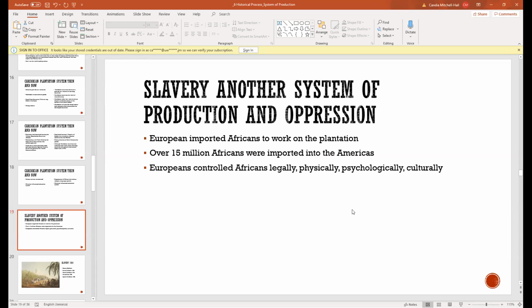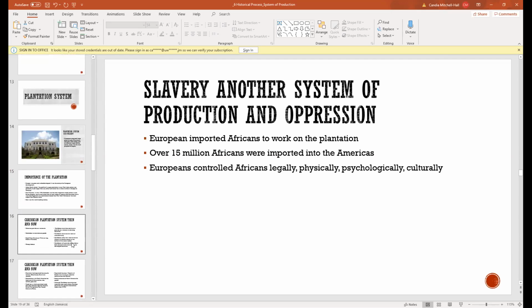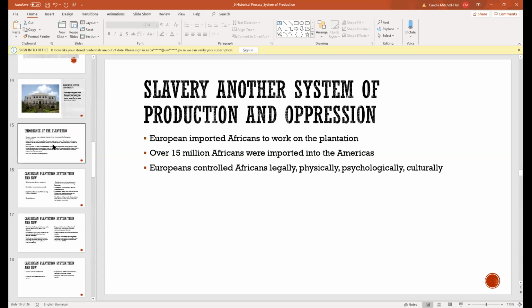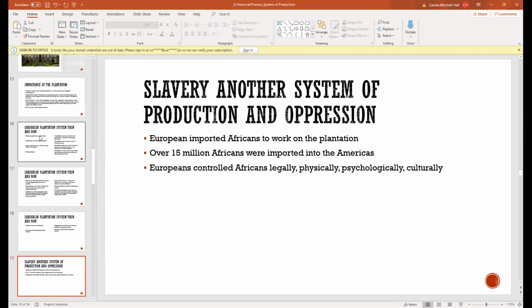And so we know for sure that this system of production, the plantation that was primarily used for sugar production, was important to Britain, it was important to other European countries. The system that existed then, though changed to some extent, still exists in some form in the Caribbean today.